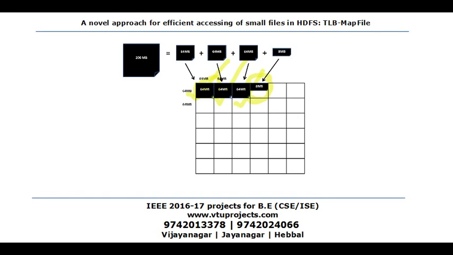Tomorrow, if somebody gives another file to store, we cannot reuse the fourth block. Hadoop will start storing that new file from the fifth block onwards. So this is the wastage that we are trying to solve.